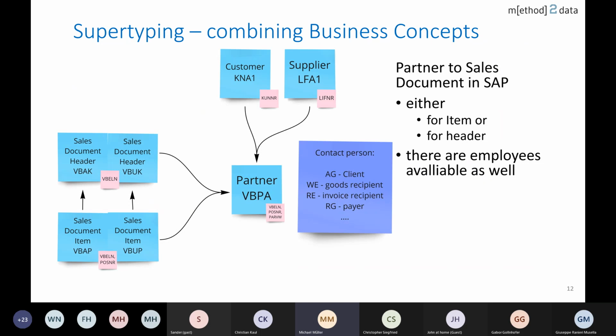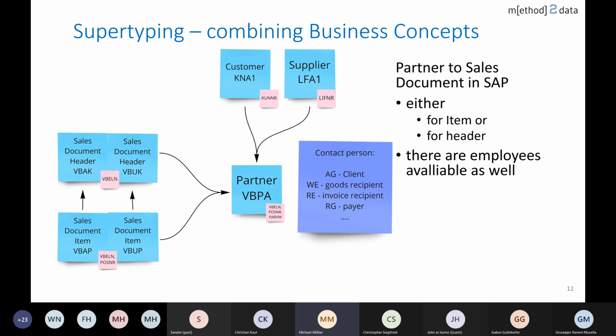This is again from SAP. It's a sales document, header and item, and in there is a partner table, and this table has the keys of header, of item, which is VBELN and POSNR, and a PARVW that is the contact type for this person.